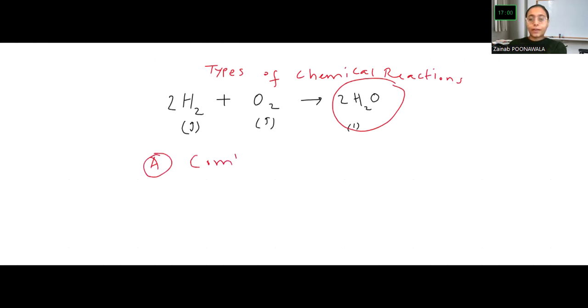We've discussed different types of combination reaction. By different types, we mean two elements forming a product, or one element and a compound forming a product, or two different compounds reacting to form a product. Very good. And I appreciate that you still remember.